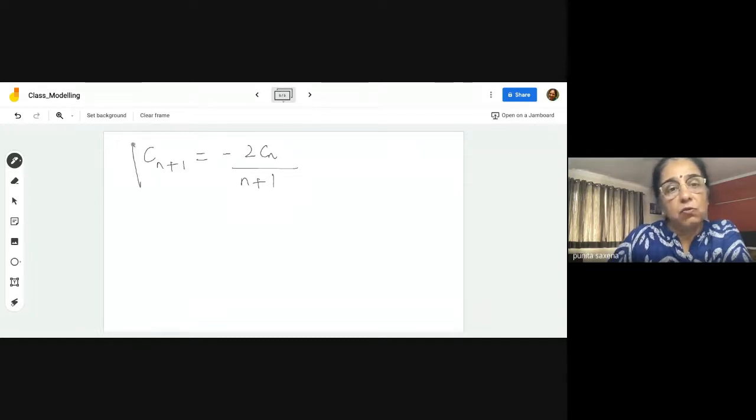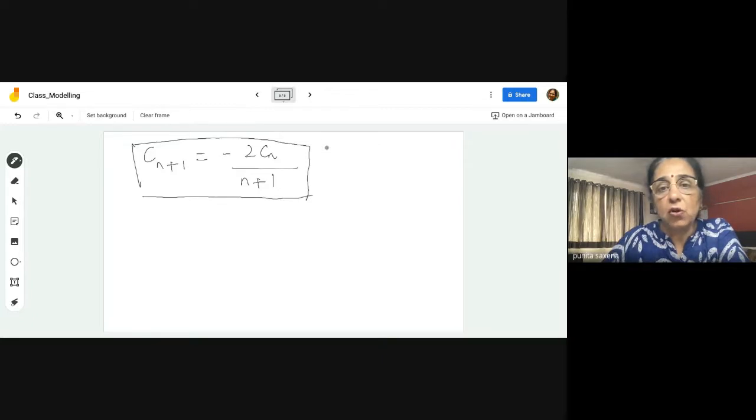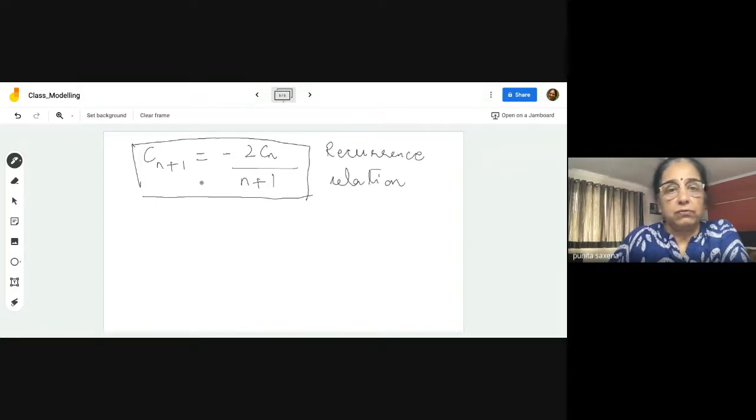What you have derived here is called a recurrence relation. Isn't it a recurrence relation in the sense that I just have to put values of n and I'm getting all the coefficients? So when n is 0, what do you get?